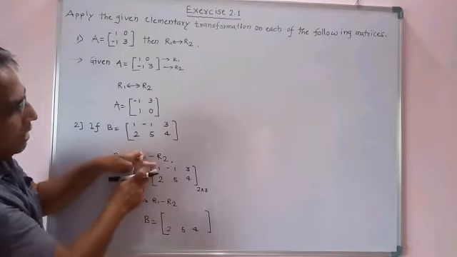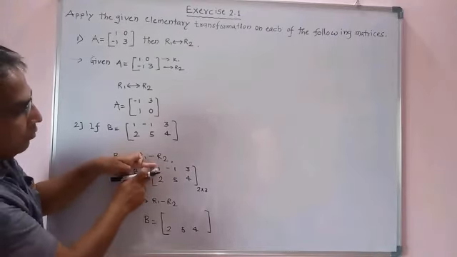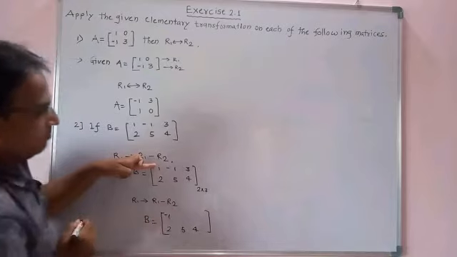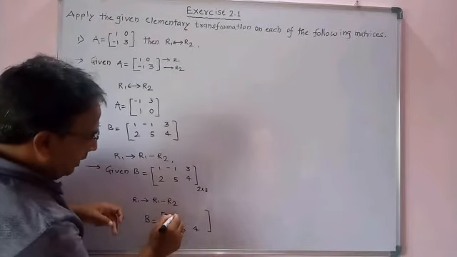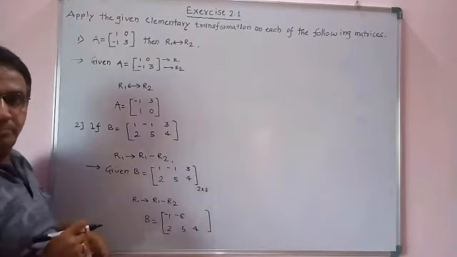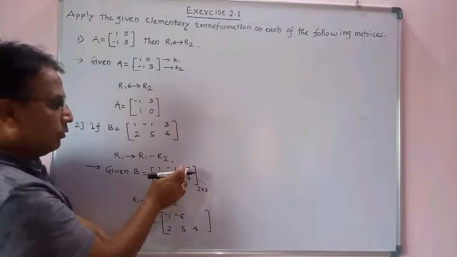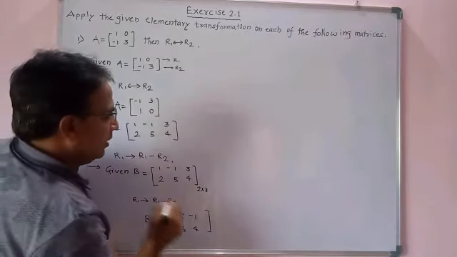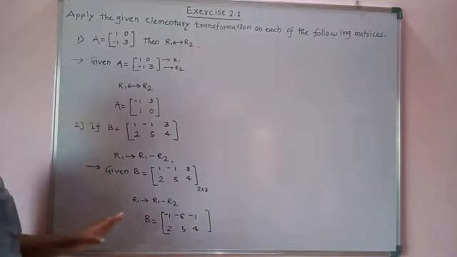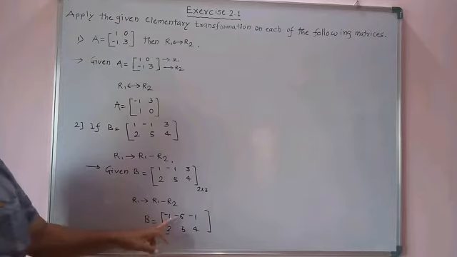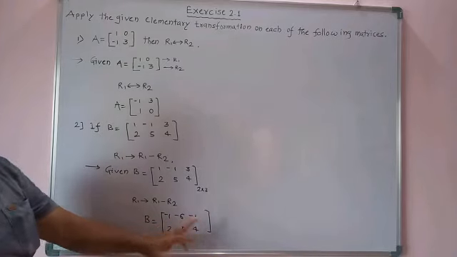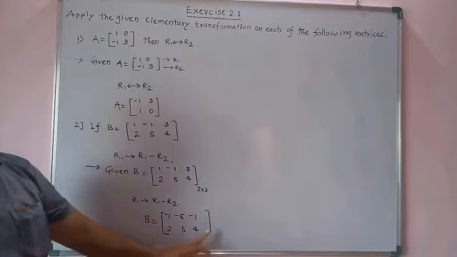R1 minus R2: R1 is 1, R2 is 2, so 1 minus 2 is -1. Then -1 minus 5 is -6. Then 3 minus 4 is -1. This is the value of R1 minus R2. So matrix B is [-1, -6, -1; 2, 5, 4].